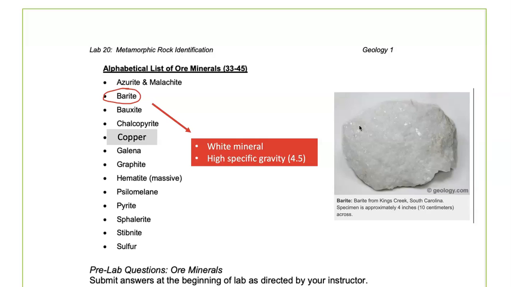And if it's 1, that means it has the same density of water. Most rocks have a specific gravity of around 3 because most minerals have a specific gravity of about 3, meaning they're 3 times as dense as water. So once you go over 3, you've got minerals that are pretty heavy. They're hefty. And so this one is pretty dense, considering it's a white colored mineral, especially. It's kind of unexpected.